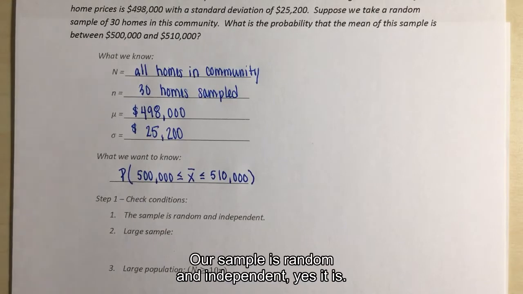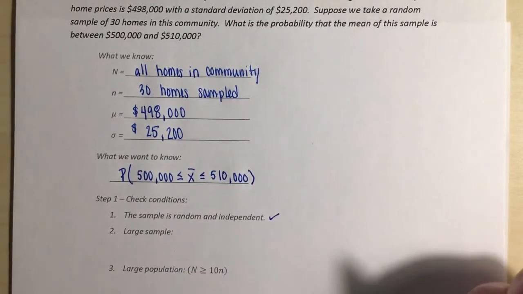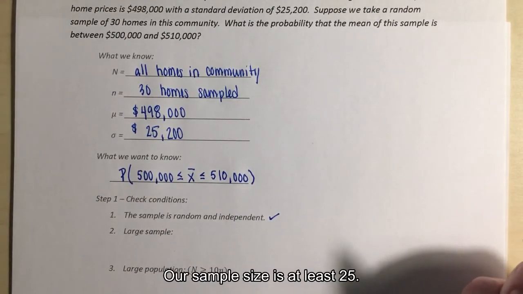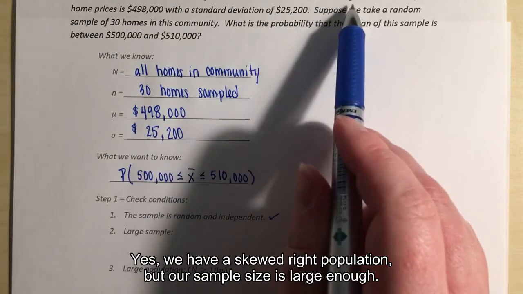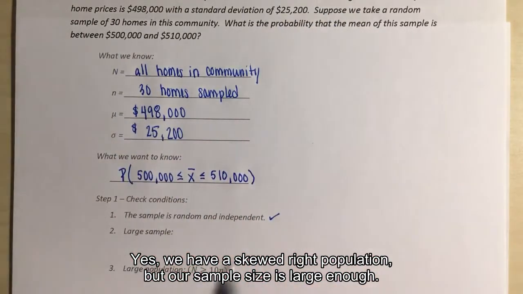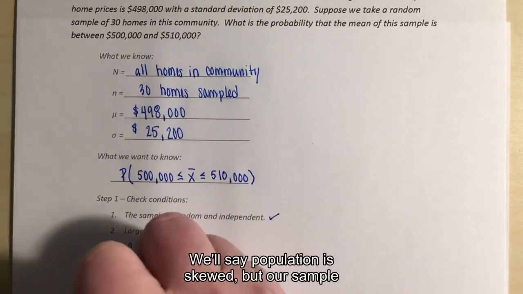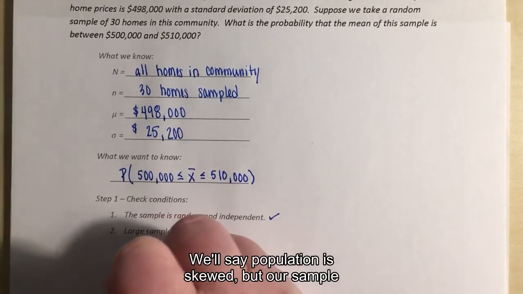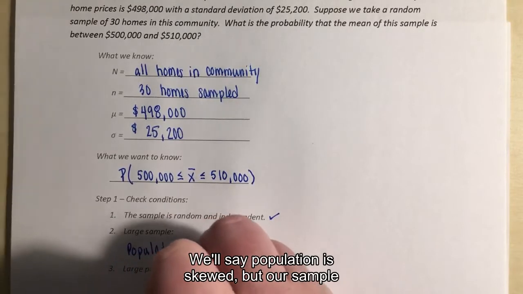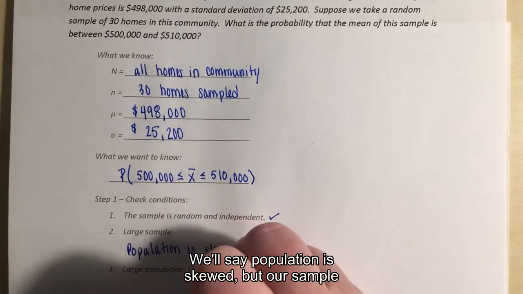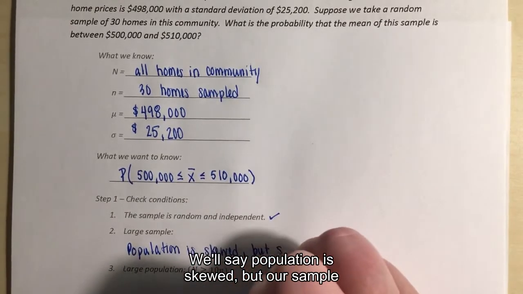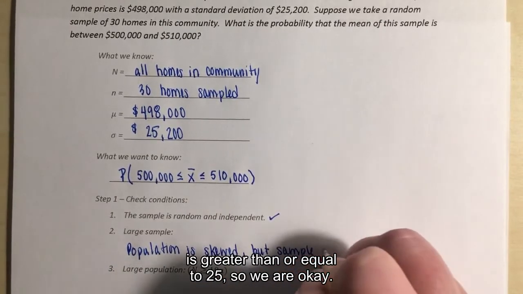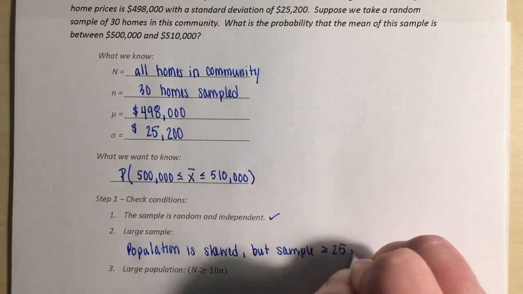All right, so our sample is random and independent. Yes, it is. Our sample size is at least 25. Yes, we have a skewed right population, but our sample size is large enough. So we'll say population is skewed, but our sample is greater than or equal to 25, so we are okay.